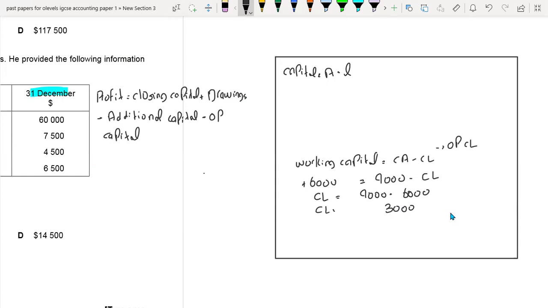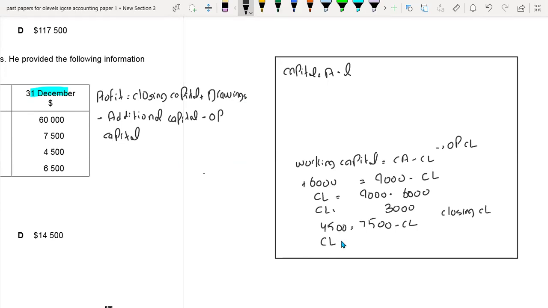And now find out the closing current liability. So again we are going to use this formula. The closing working capital was 4,500, is equal to closing current assets, which were 7,500, and we don't know the current liabilities.